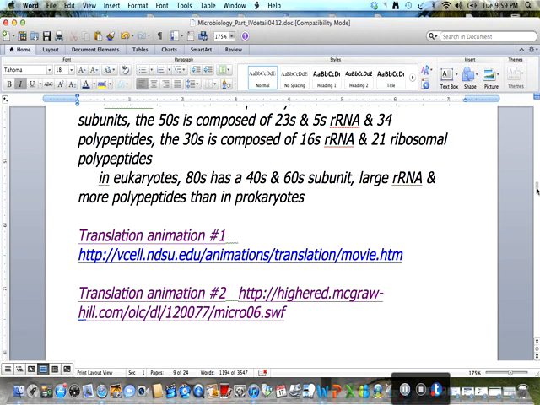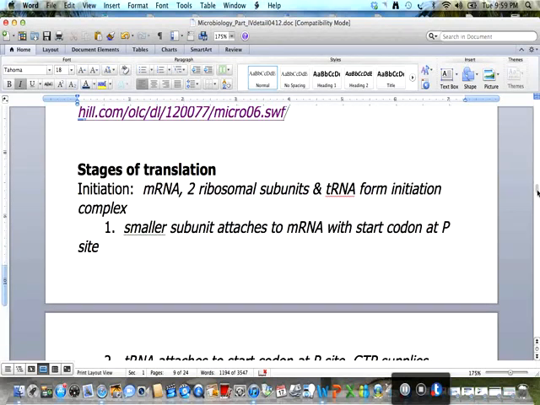This can either be used from the link in this document, or you may also link to it directly off of the Angel website.